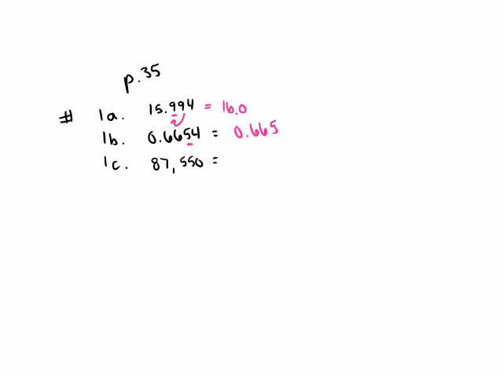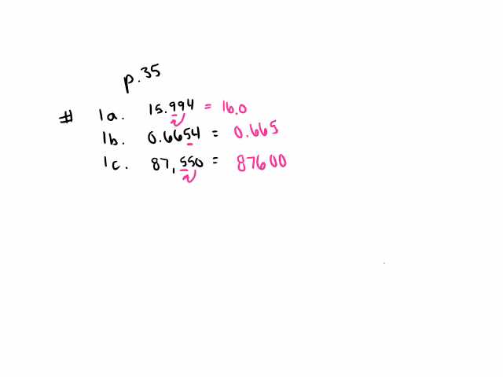87,550. My 3rd sig fig is going to be this first 5. Okay, the 5 next door bumps it up. And you might want to write 876. Now, this is where you have to think. 87,550 is much bigger than 876. So we need 2 placeholder zeros. But you cannot have a decimal, because then that would change it to 5 significant figures instead of the 3 that my instructions are asking me for.